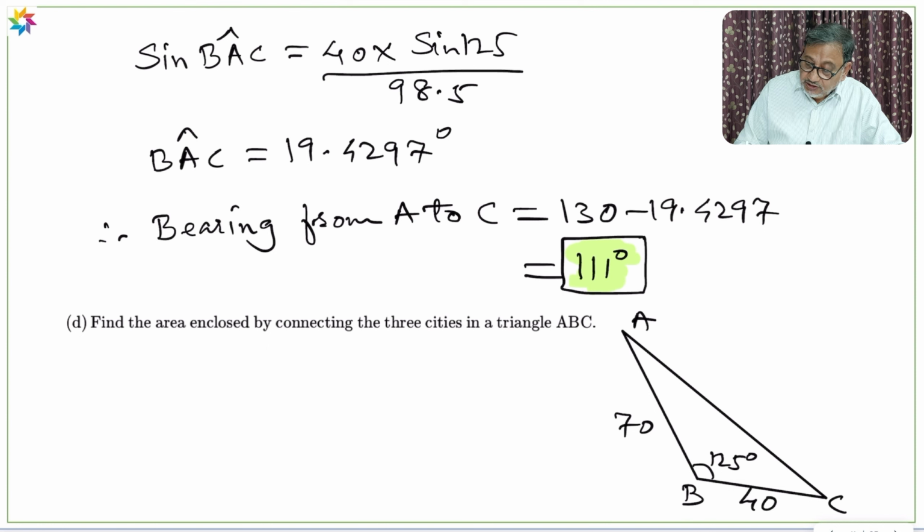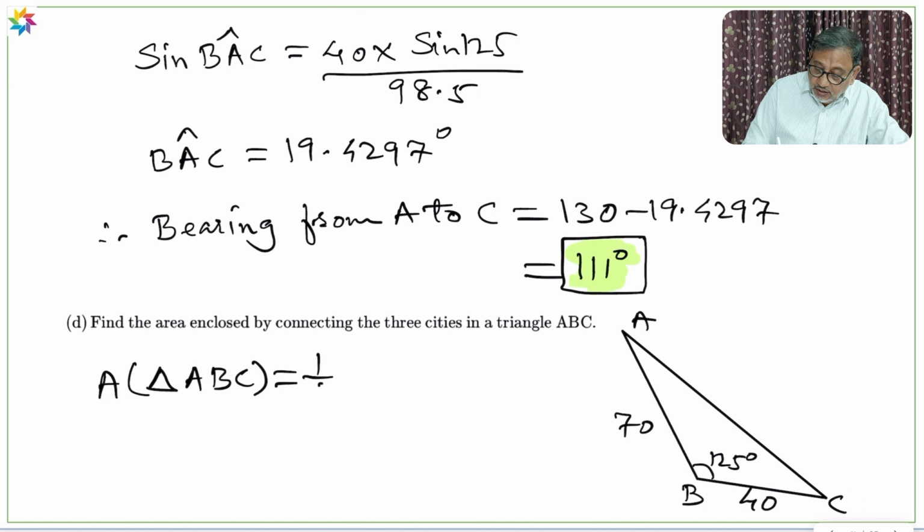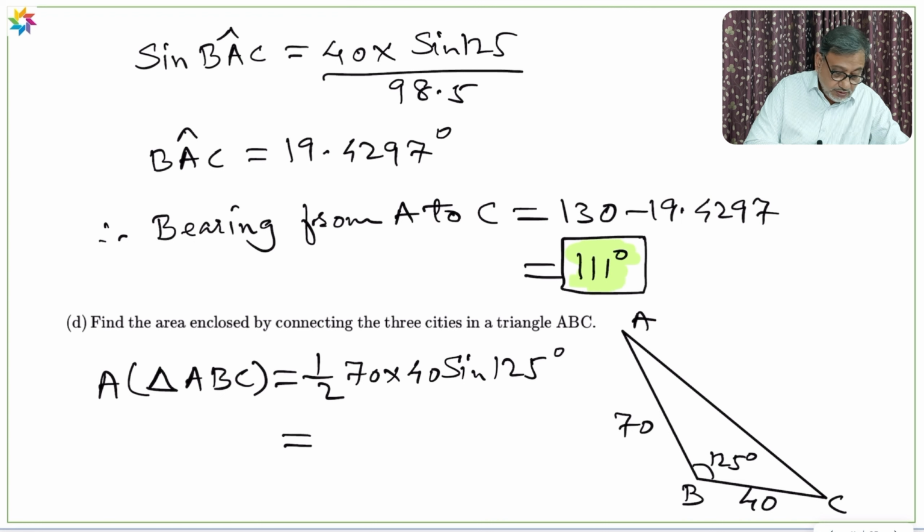So I can use half AB sin C. So area of triangle ABC is half AB sin C. So 0.5 into 70 into 40 into sine of 125.